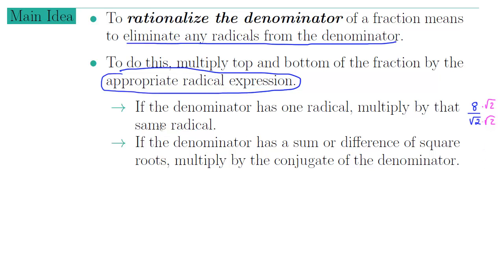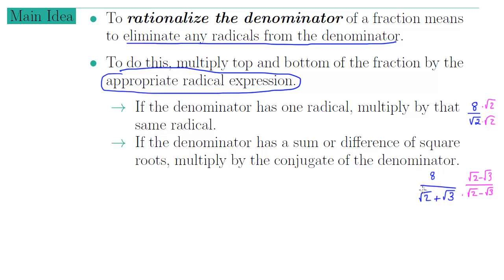But if you're given something that has a sum or difference of square roots in the denominator, like 8 divided by root 2 plus root 3, then you have to multiply the top and bottom by the conjugate. So root 2 minus root 3 in this case, and root 2 minus root 3.